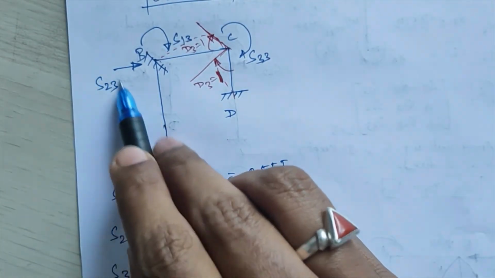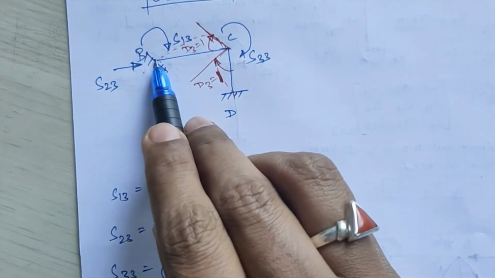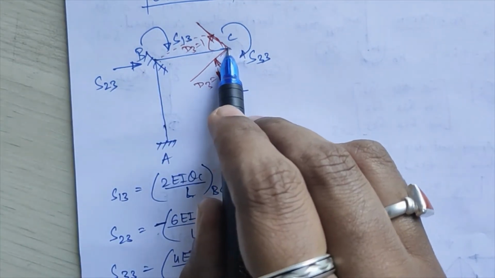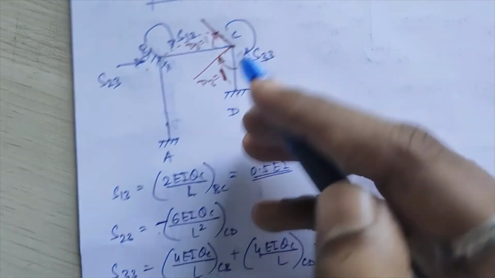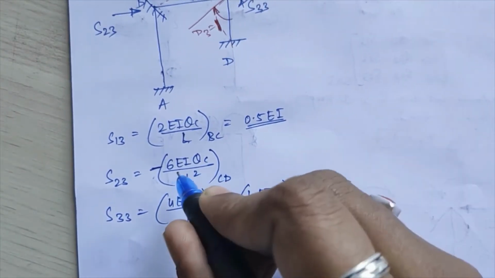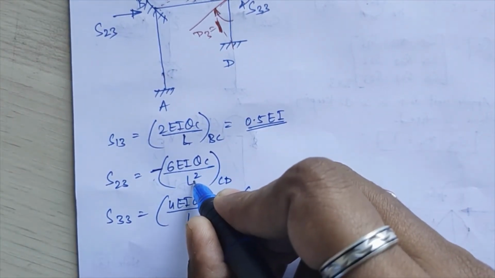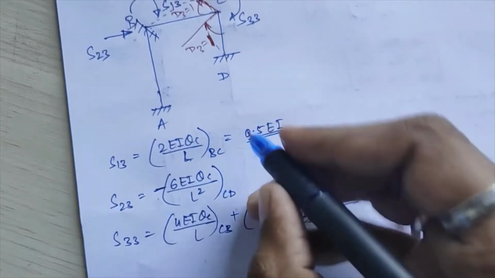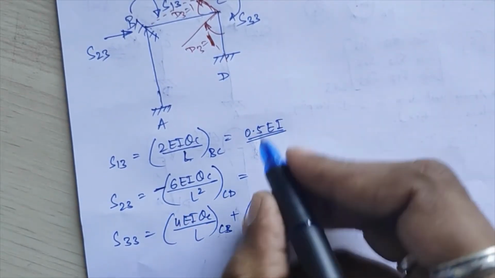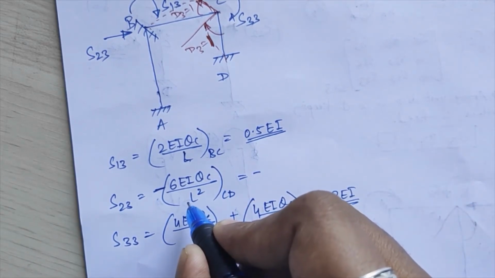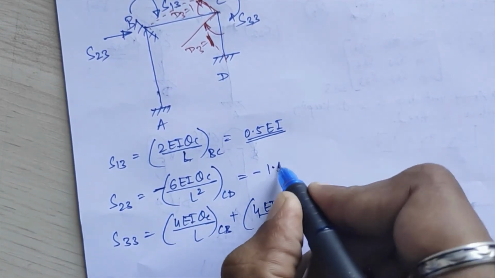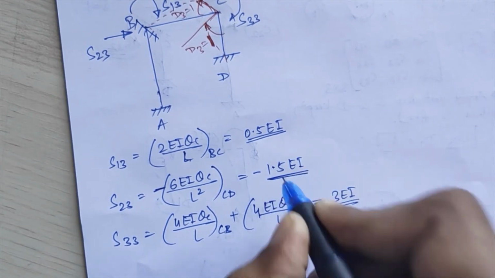Whatever influence S23 has on B, the same is on C. That is why I have considered this for CD: 6EI theta C upon L squared. So 6 by L squared, with L equal to 2 here, I get as minus 1.5 times EI.